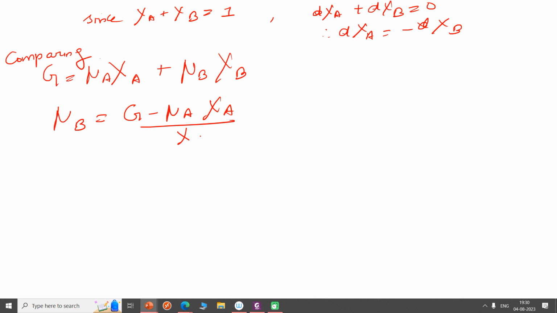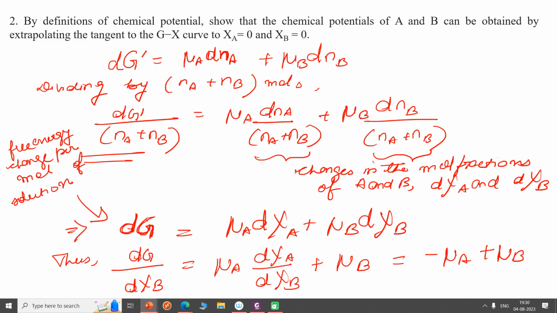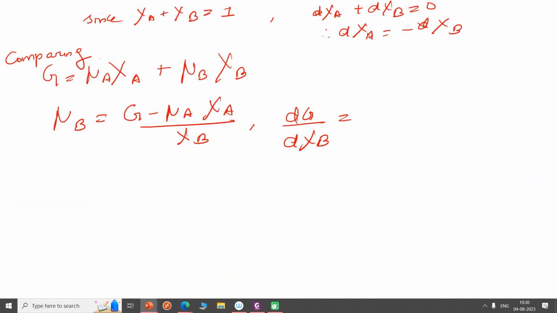So I will take μB as the subject here and take everything to the other side. If we just solve this, we get dG by dχB. So this is what we have got earlier: minus μA plus μB, and μB is the entire thing, right?